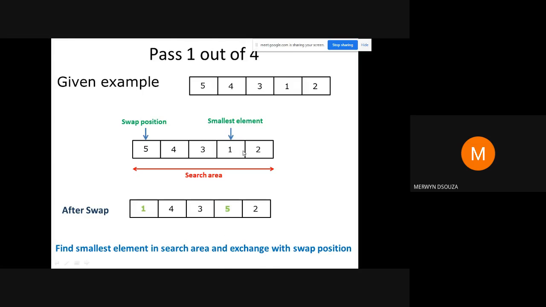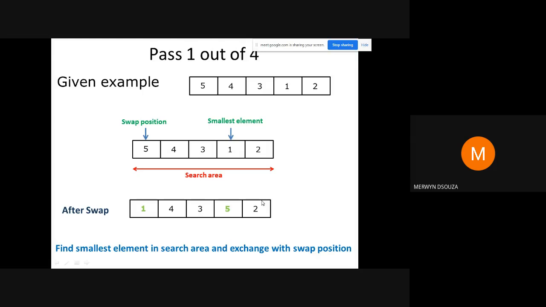You will get something like this. The remaining values you write as it is: 4 you copy, 3 you copy, and 2 you copy as it is. Clear?